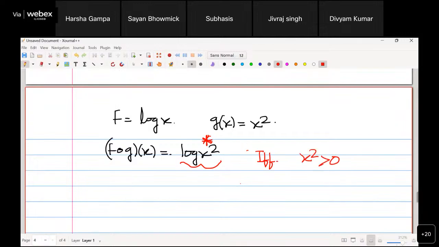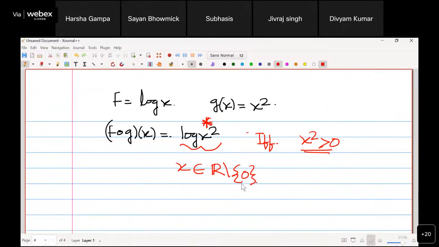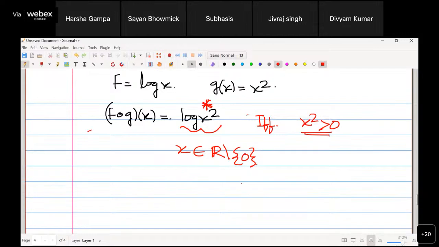So x square is greater than 0 for all x in R except 0. So the domain of this function is minus infinity to 0 union 0 to infinity.